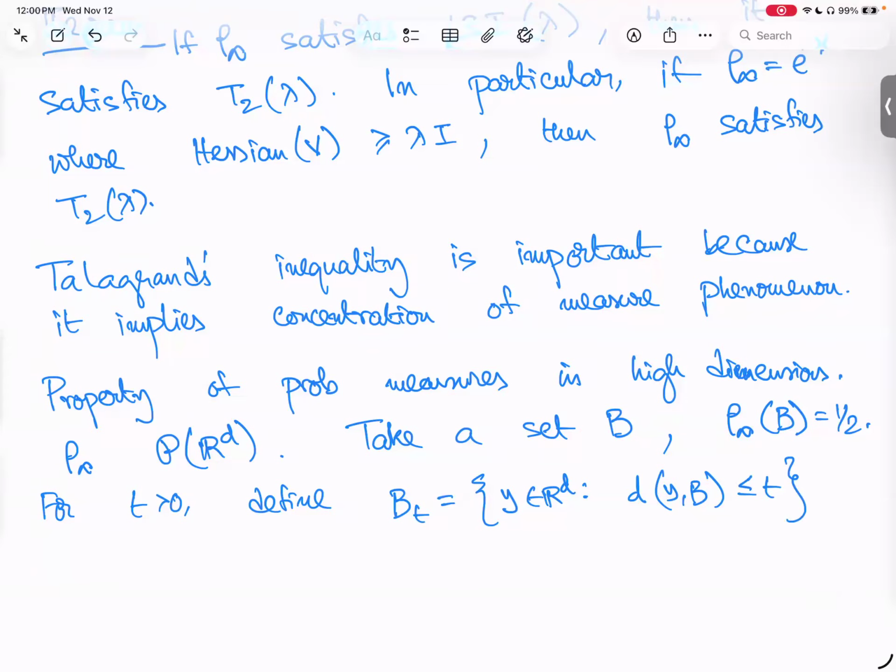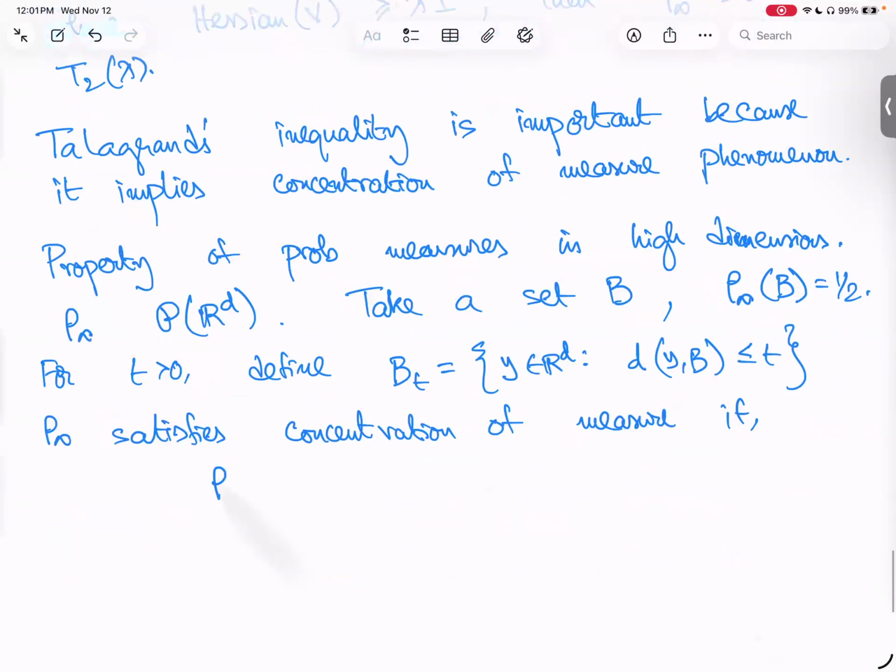Okay. And the concentration of measure phenomenon says that rho infinity satisfies concentration of measure if rho infinity of BT is almost 1.